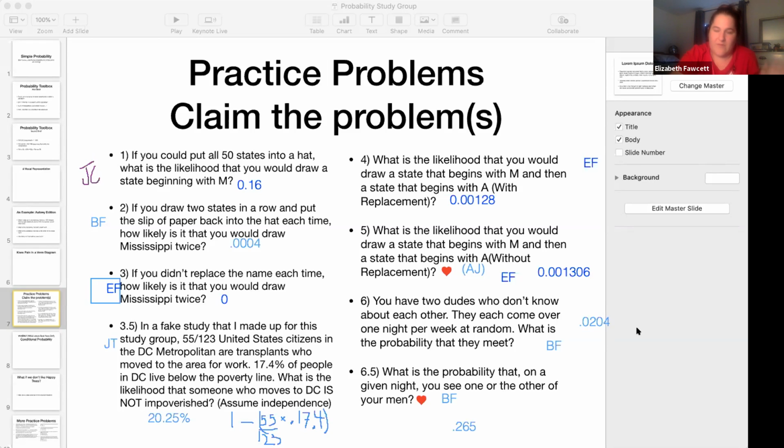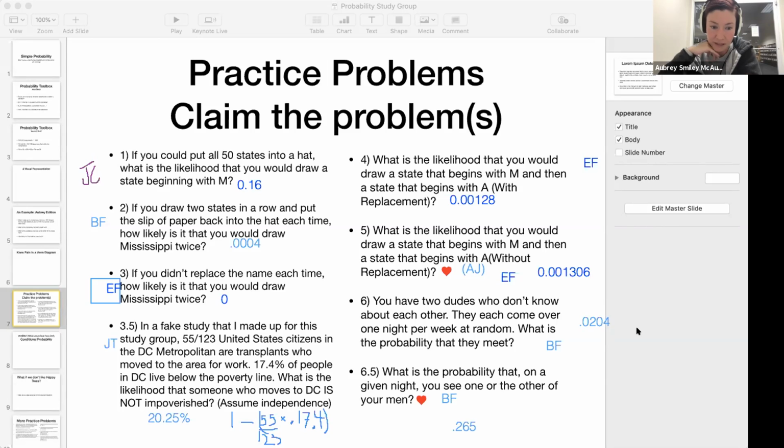And so the first time it's going to be whatever number over 50 times whatever number over 49. There are 8 states that begin with the letter M, so I did that first. And the reason why I did that one first is because it says begins with M and then with A. So 8 over 50 times, there are 4 states that begin with the letter A. So 8 over 50 times 4 over 49.